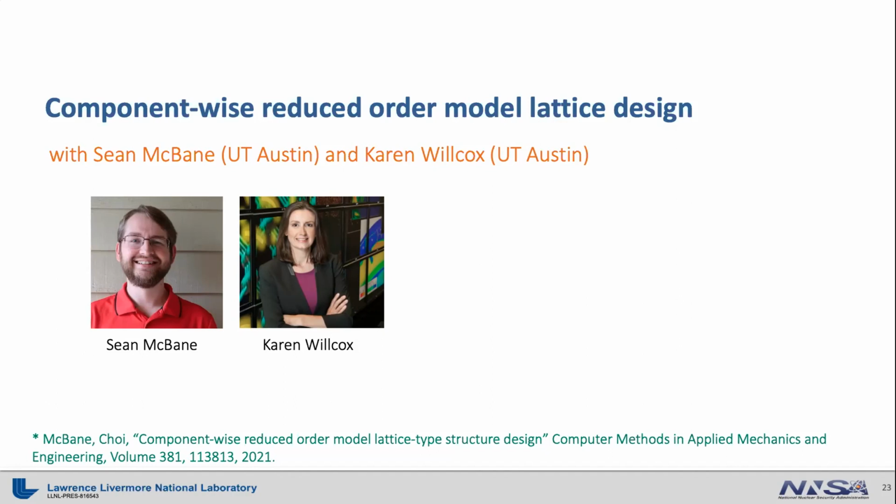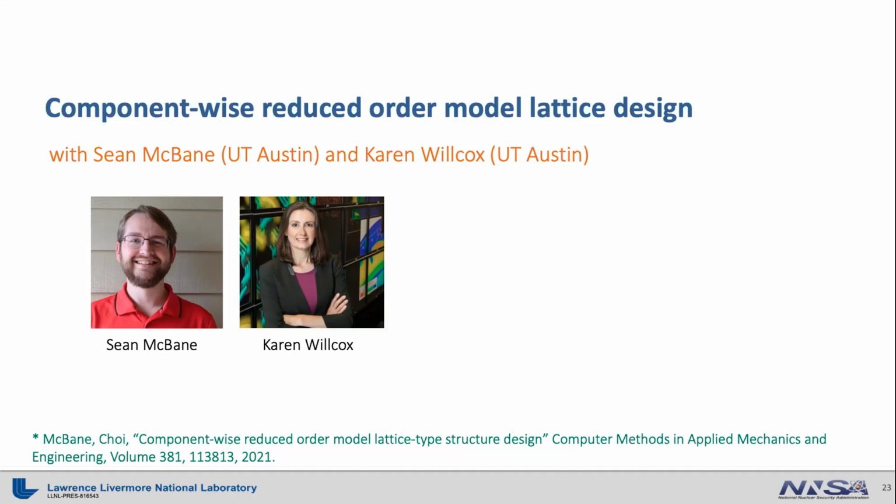For example, the lattice type structure topology optimization problem has exactly that issue, in which a very high dimensional parameter space needs to be introduced because each design variable is assigned to each finite element.